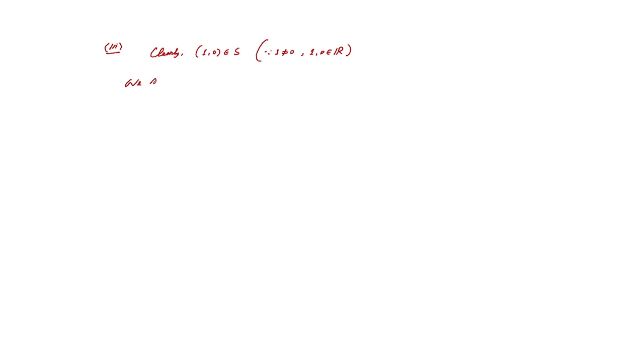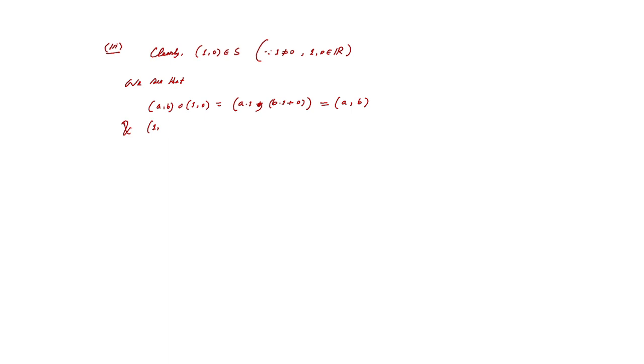And we see that if we take any element (A,B) composed with (1,0), that will be (A into 1, B into 1 plus 0), that is equal to (A,B).